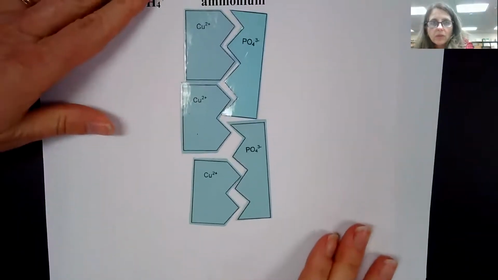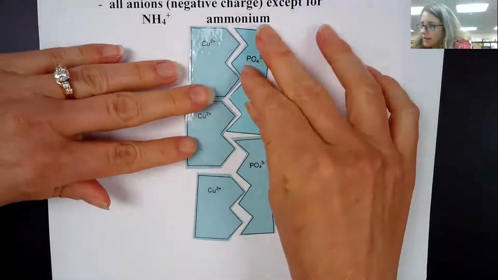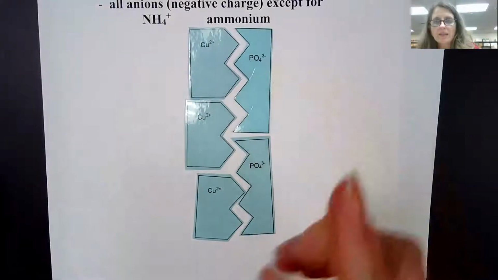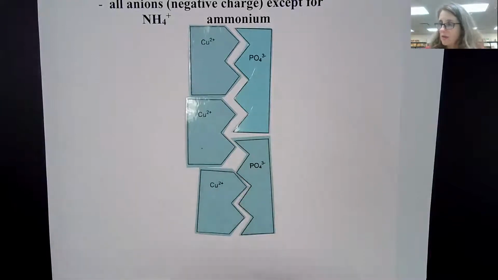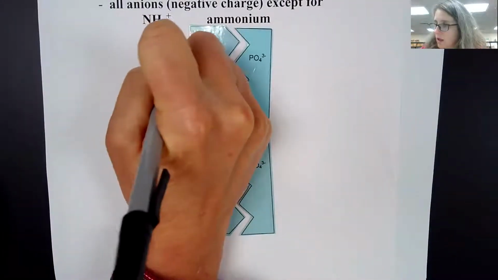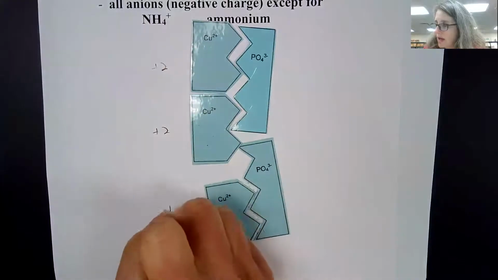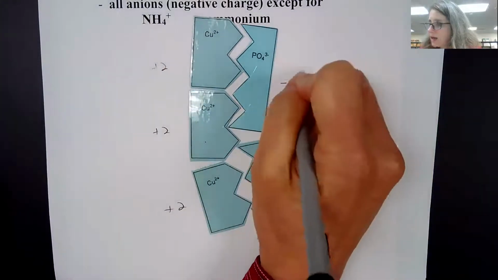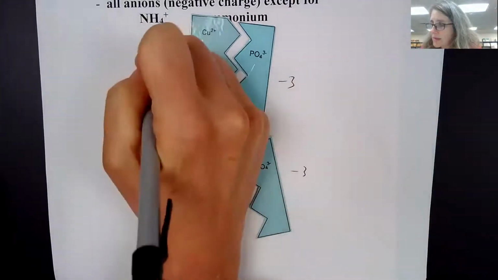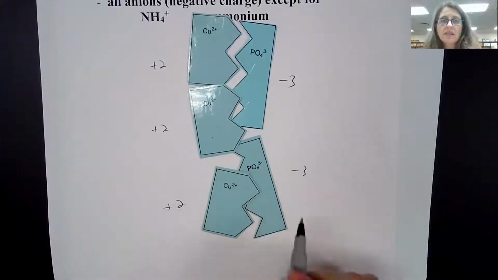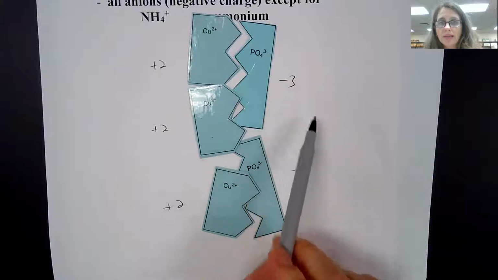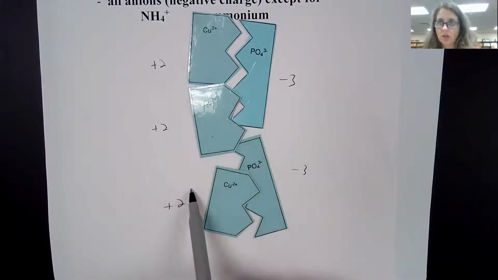So if we think of it as puzzle pieces, and the fact that the PO4 3 minus is all one thing, you put it together in such a way so that you have 3 of the 2 pluses and you have 2 of the 3 minuses. So it doesn't matter what the actual symbols are. What you need to pay attention to is the charges, okay?